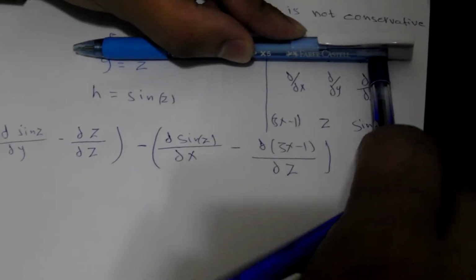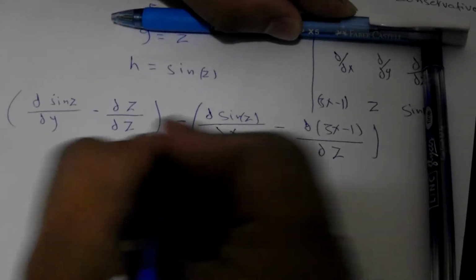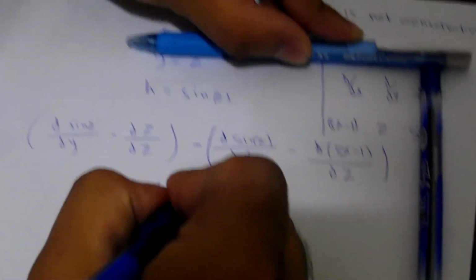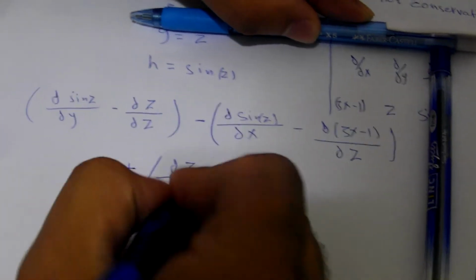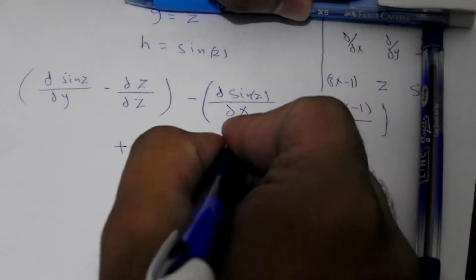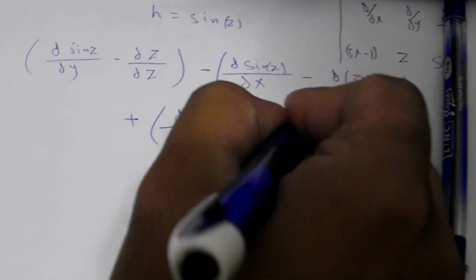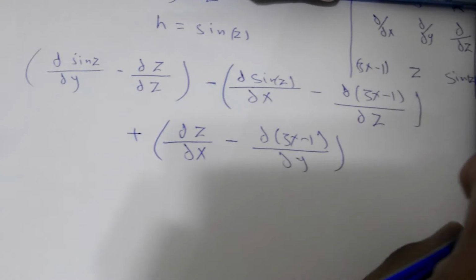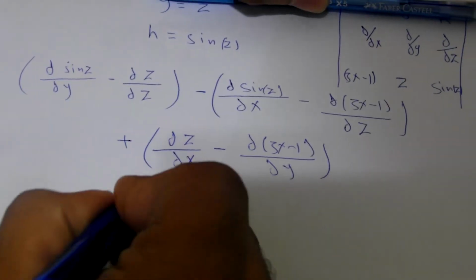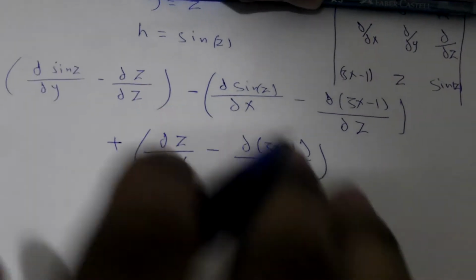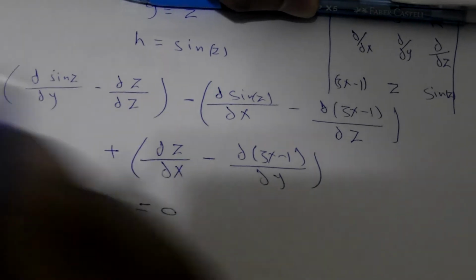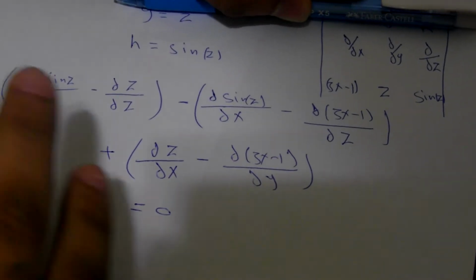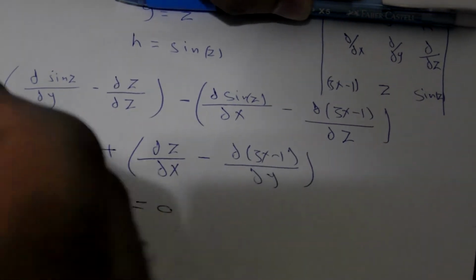The last one is d(z) with respect to x, minus d(3x minus 1) with respect to y. If this is equal to 0, it is a conservative vector field. If not equal to 0, it is not a conservative vector field.